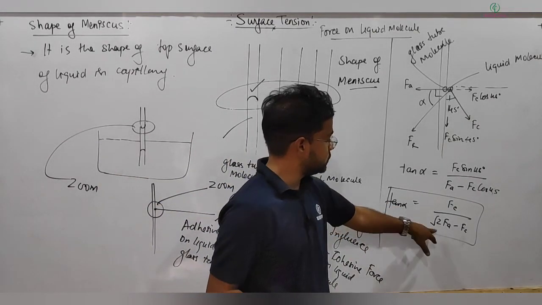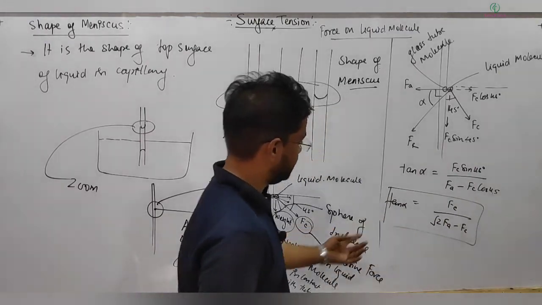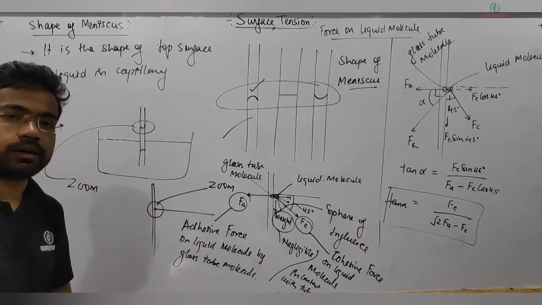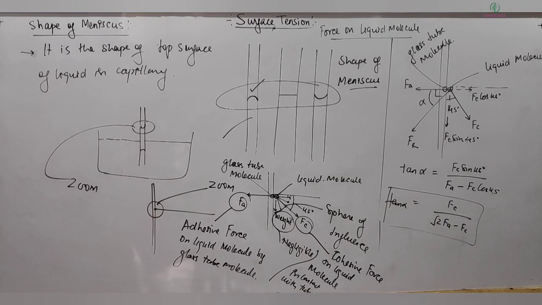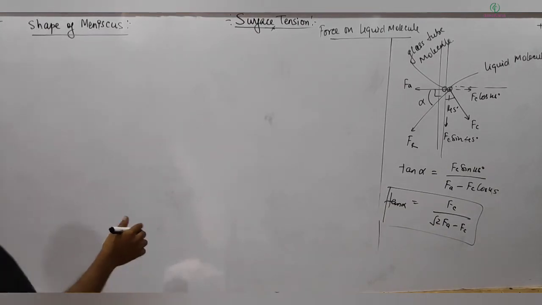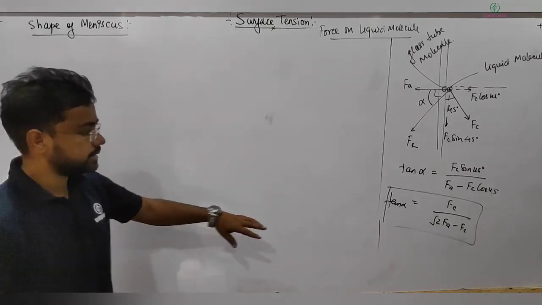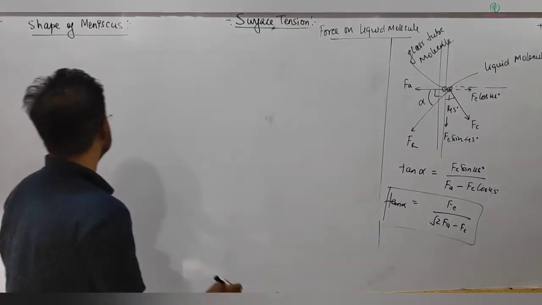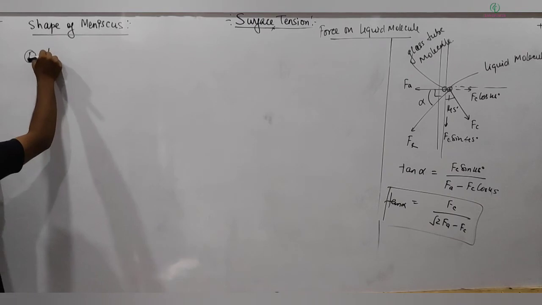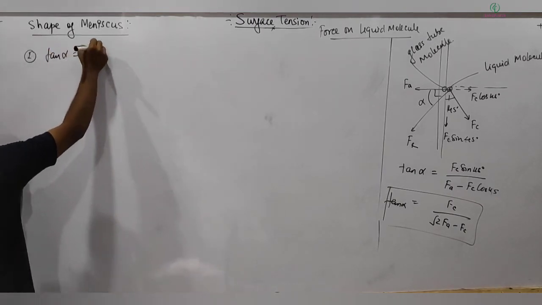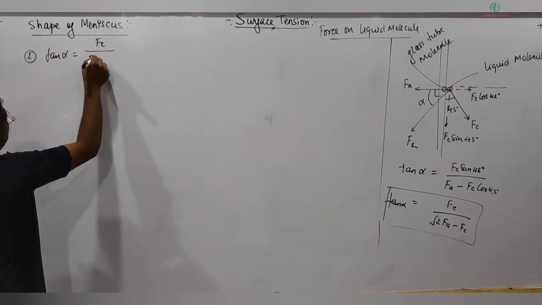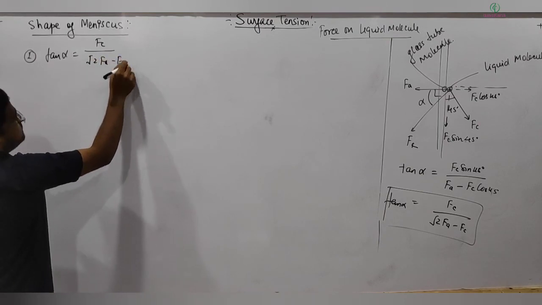Now based on these different combinations, let me tell you exactly what the angle will be, and based on that we can comment on the shape of the meniscus also. So finally we got the relation that tan alpha is equal to that. The first condition: tan alpha equal to FC divided by root 2 FA minus FC.